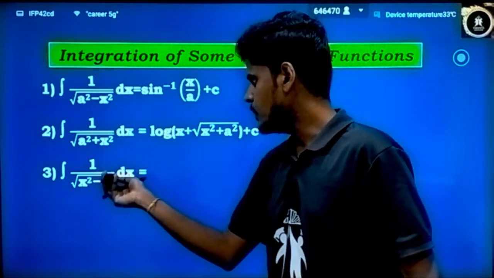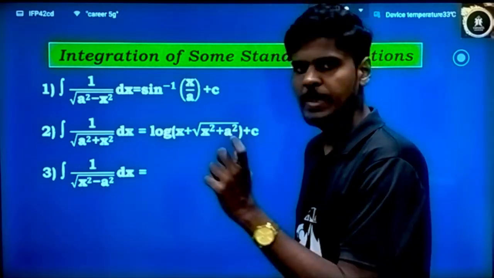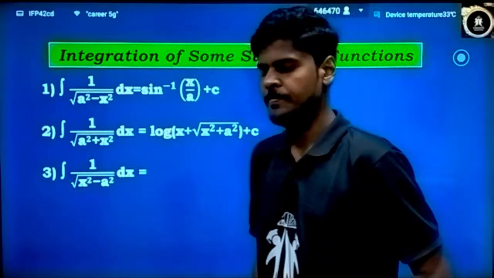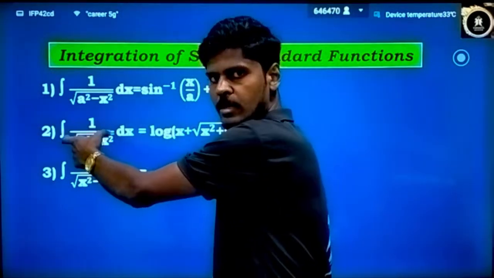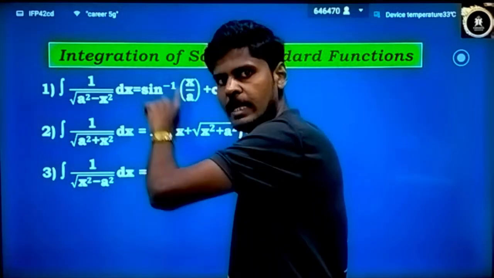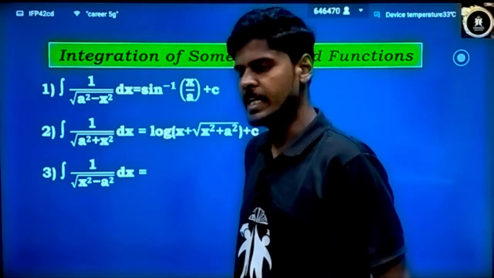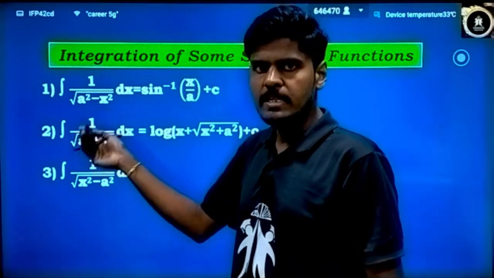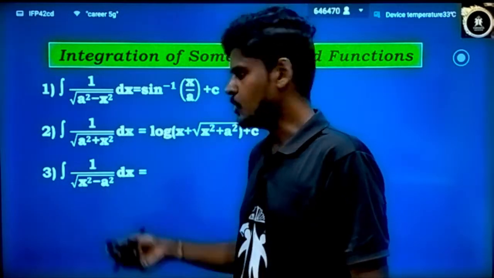It is very easy. Again, x square minus a square, then what is the substitution we should make? Our purpose is to eliminate this square root and convert into simpler forms. So here when we have a tan theta, then a will be common. We have 1 plus tan square theta, that will become secant square theta. When you take the square root, it will become a secant theta, and the numerator will have a secant square theta, as the differentiation of tan theta is secant square.